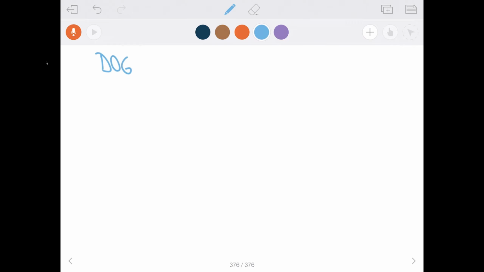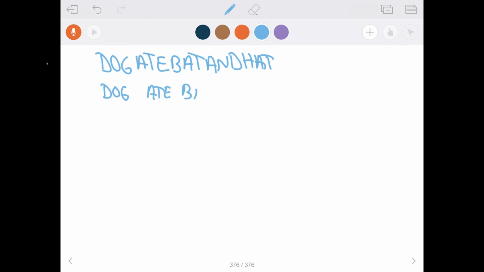So we have our sequence. Here's our sequence. Now let's break it up into codons. Dog ate bat and hat. Obviously these are not real codons, but we're going to use real words because it's actually a little bit easier to see what happens.